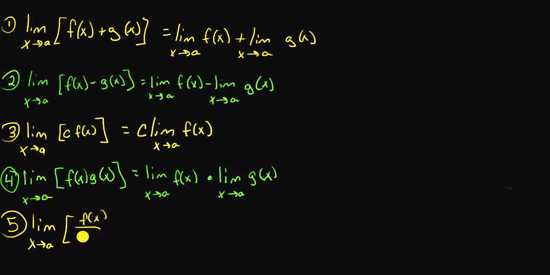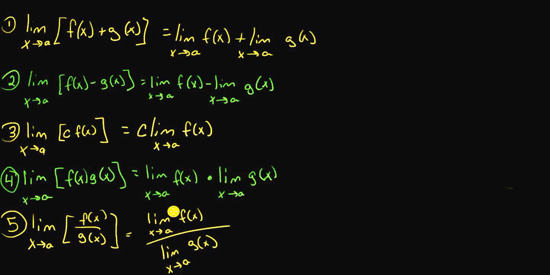So if we divide two functions, we know that it's simply the limit as the numerator approaches 0, and then the limit as the denominator. Did I say 0? I'm sorry. I meant the limit as the numerator approaches a, and the limit as the denominator approaches a, and that's what we get.